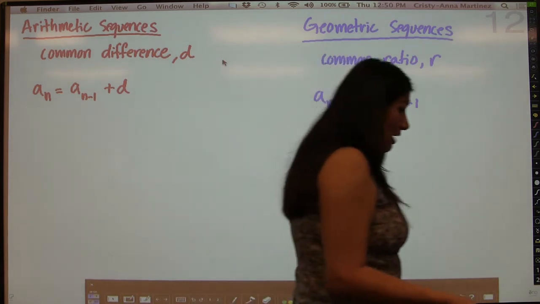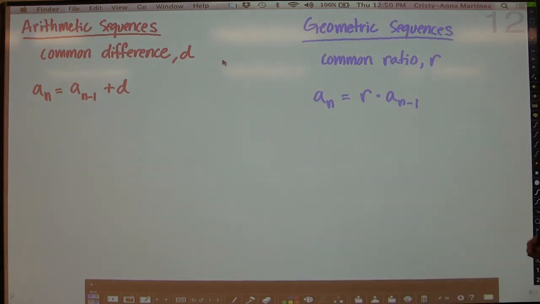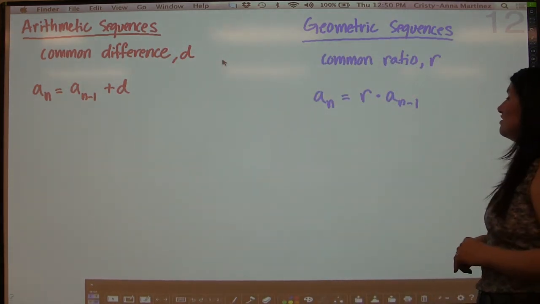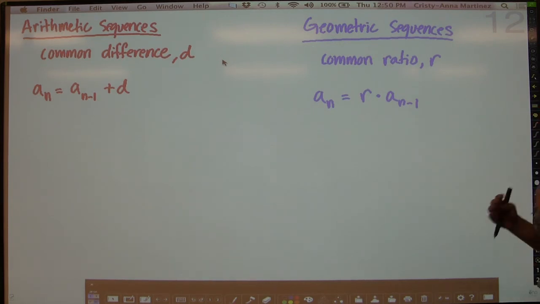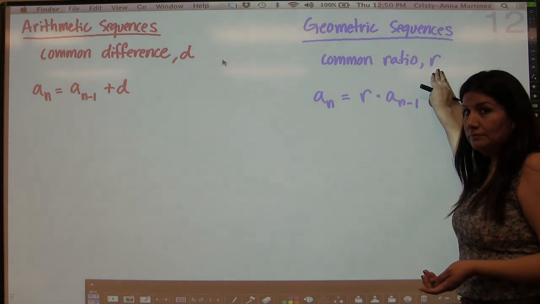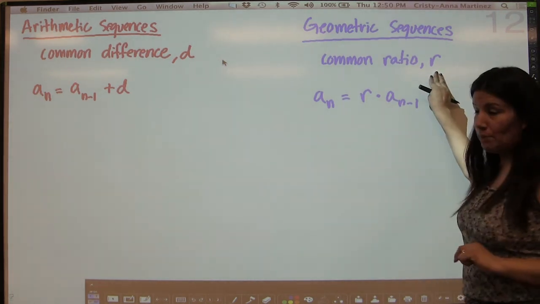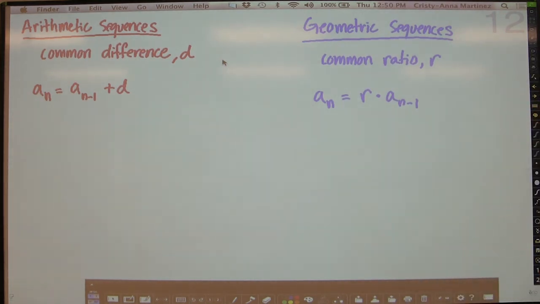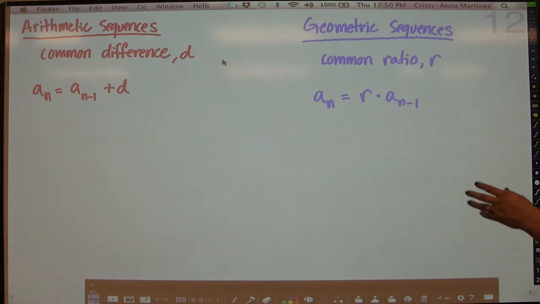But also in this chapter, we learned about geometric sequences. And in a geometric sequence, you don't have a common difference, you have a common ratio, which we use the letter R to represent. And the common ratio can be found similar to the common difference in that you have to use the previous term, but this time you're looking for division.